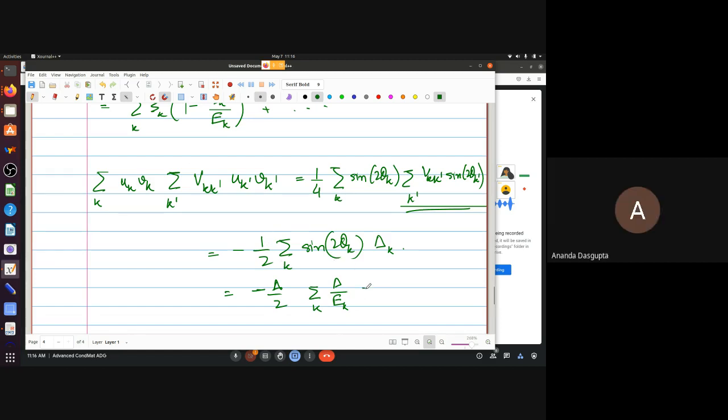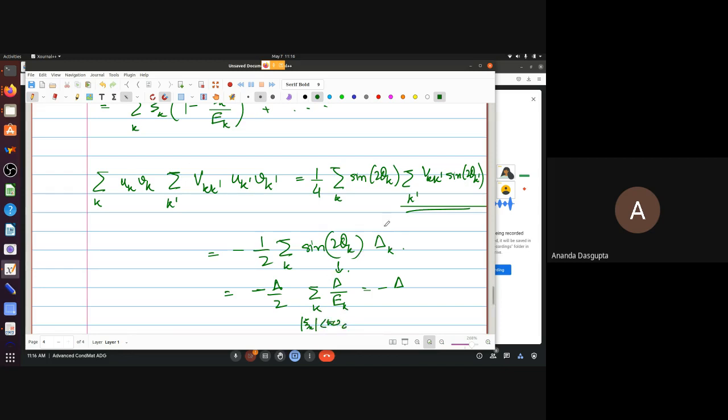But note that you can take this delta out again. At this step I have specialized to our model. So far, this result was true no matter what V k k prime was like. But now our model has been invoked, where V k k prime is non-zero only over a narrow region, and delta k therefore is a constant delta only over that region, and this sum over k is of course with mod xi k less than h bar omega c.